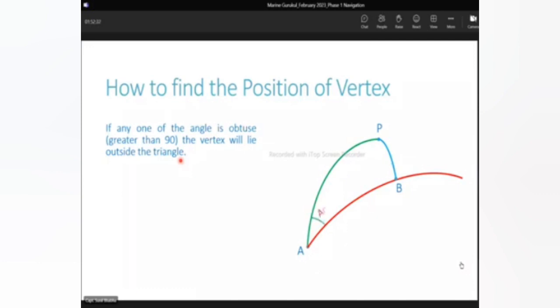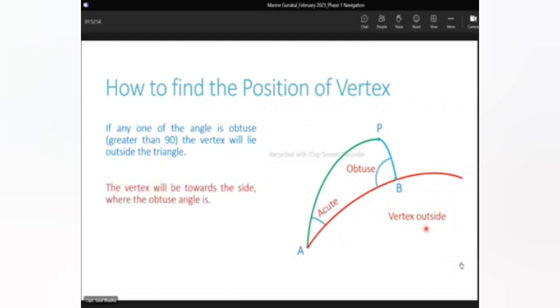Now, in this case, angle A is an acute angle. It is less than 90 degrees. But angle B is an obtuse angle. You can see in the diagram, angle B is an obtuse angle. In this particular case, the vertex is going to lie outside the PAB triangle.